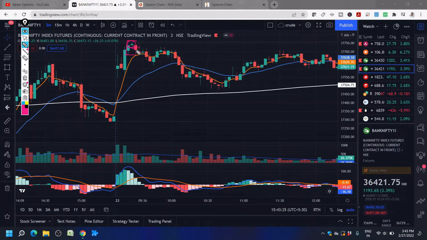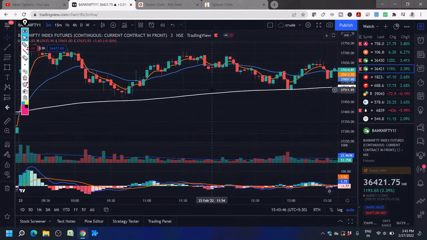This is your stop loss. Target 1 achieved. Target 2 achieved. Then again it gave Target 3 also. So 5, 20, 200, 3 targets it gave. So you need to watch for these kinds of things on a 3-minute time frame.